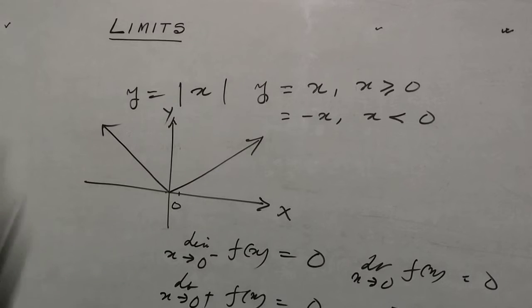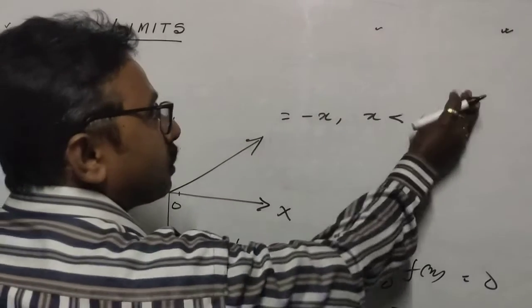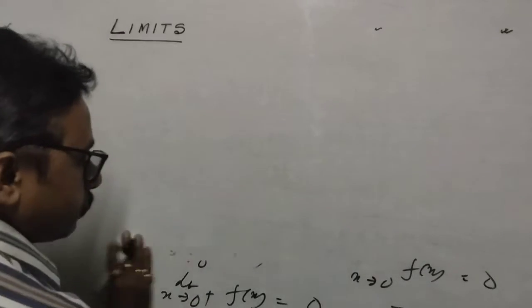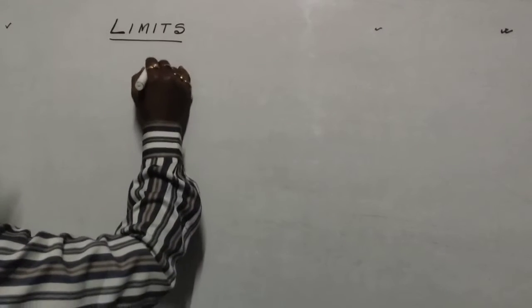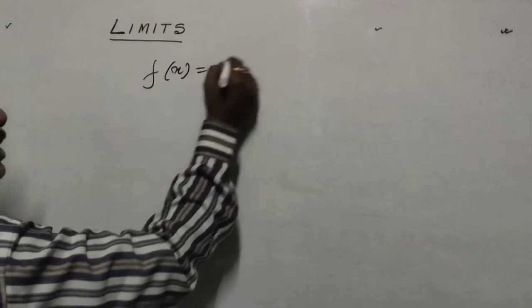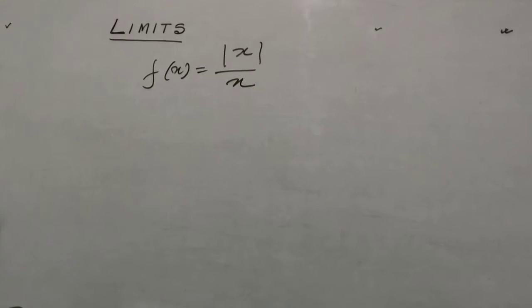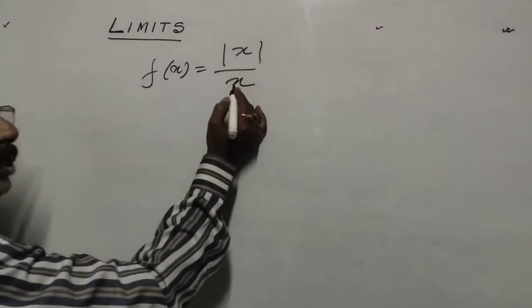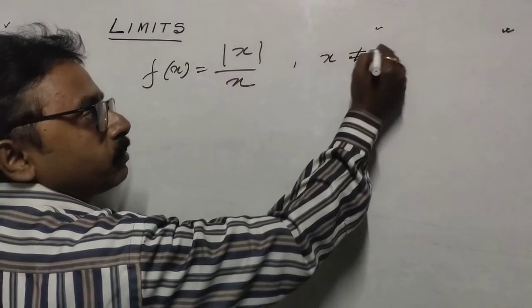Now I am going to take another example to check whether the limit exists or not. Here f(x) equals mod x by x. Now clearly, since the denominator contains x, x is not equal to 0.